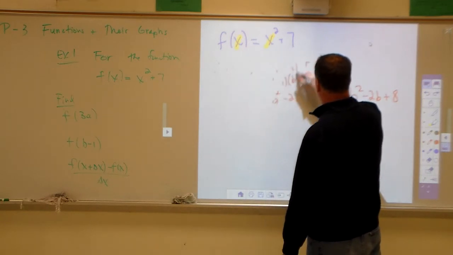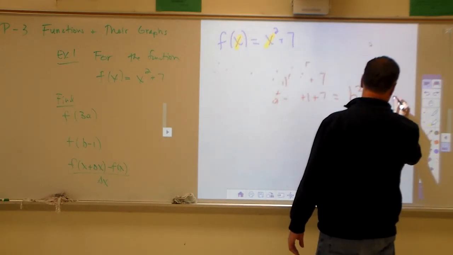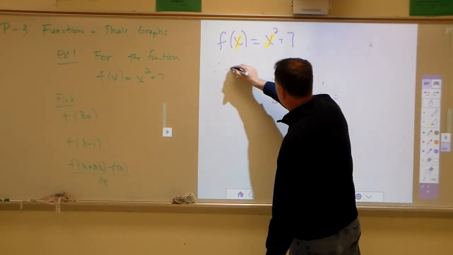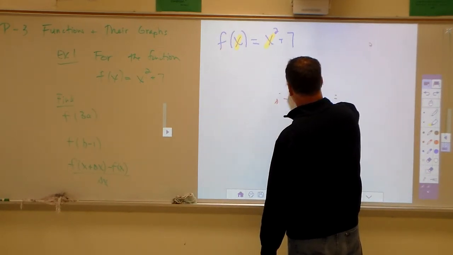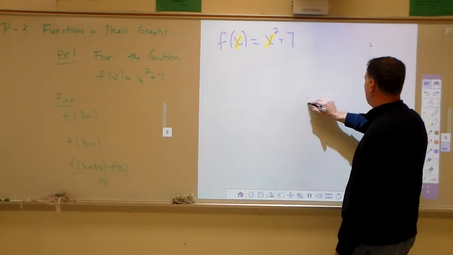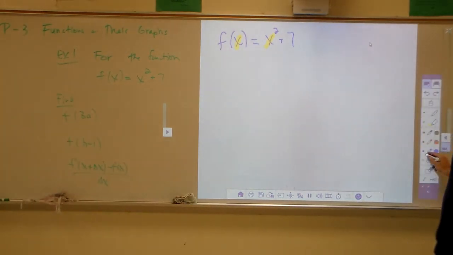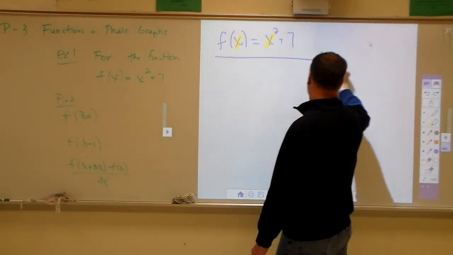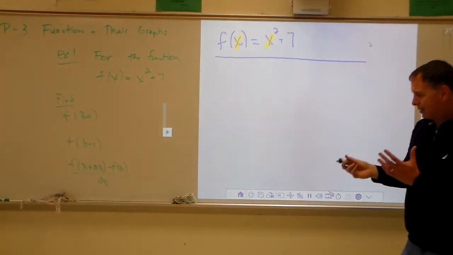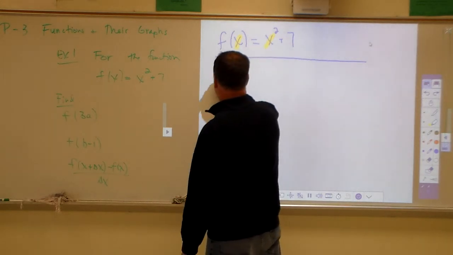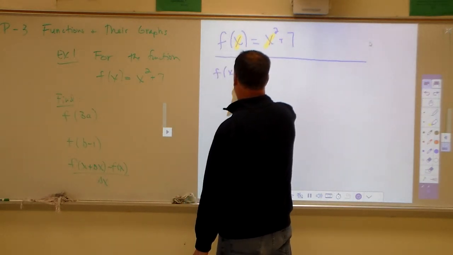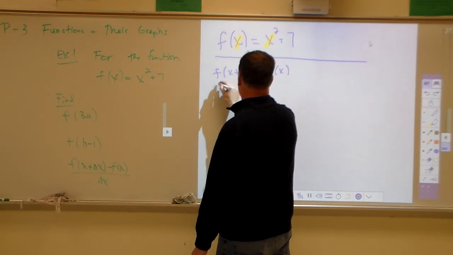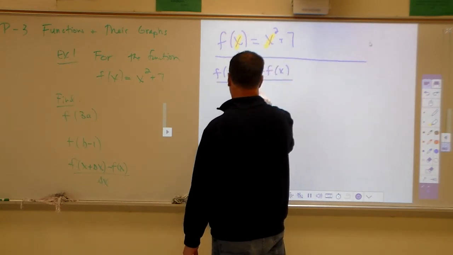Now, the next one's the one that's going to get you. If there was one that was going to get you, it's going to be this next one. But if we follow the same rules, the rules are exactly the same. It says f of x plus delta x minus f of x all over delta x.